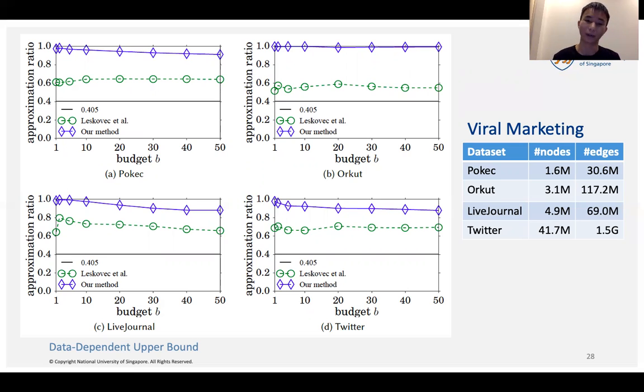Then we derive the approximation ratio by comparing them. As we can see, the blue lines are very close to 1. It says two things. First, the upper bound is very close to the optimal. Second, the greedy solution is very close to the optimal also. So this demonstrates that our upper bounds are in fact very tight.